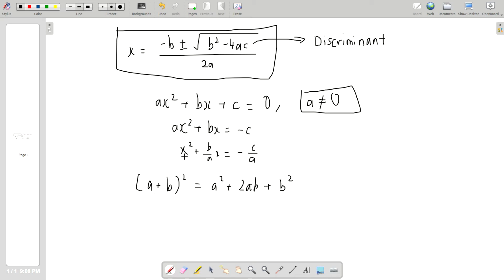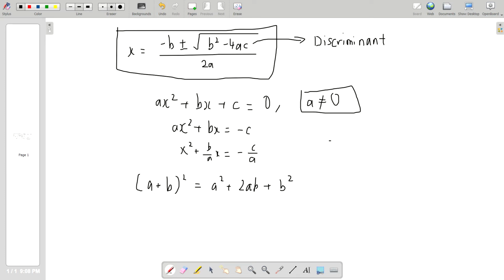You notice that this left-hand side is something similar to this, where in this case our a squared is like x squared. But we're missing a few things, like this b squared. What's important is that this 2ab is actually represented by this b over a x over here.